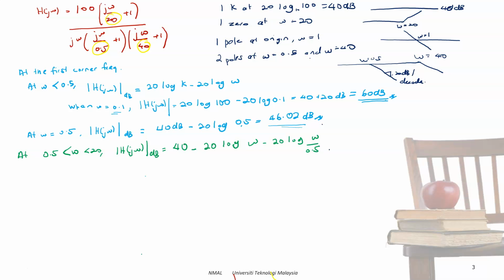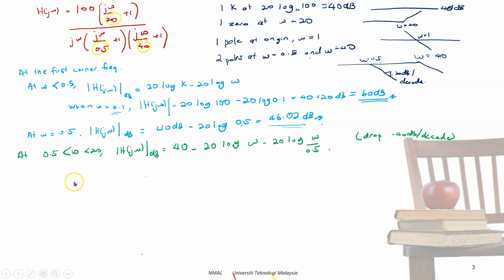Okay, so this is the equation involved when omega is between 0.5 and 20. And we can see that there are two poles here, and it means that when we want to draw the overall plot, this plot should drop 2 times, meaning the gradient should be negative 40 dB per decade. So no longer 20 dB per decade, so the gradient should be steeper and sharper, right?